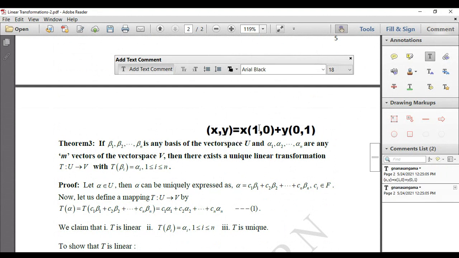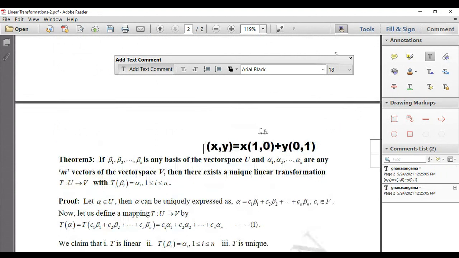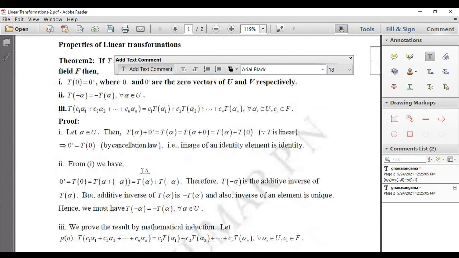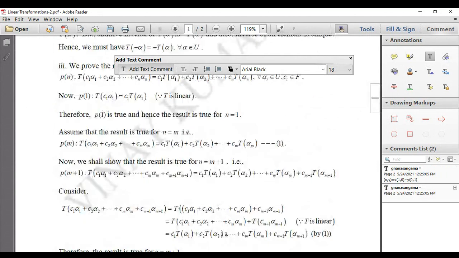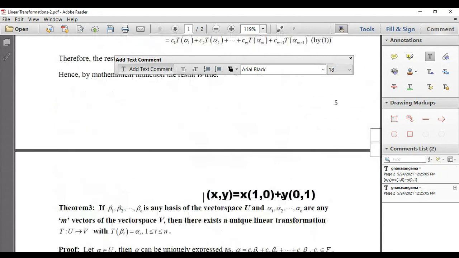Therefore, this is of the linear combination form, c1 alpha 1 plus c2 alpha 2. So what I'm saying is every element of R2 is generated by two fixed vectors. Therefore, these two vectors (1, 0) and (0, 1) span R2.